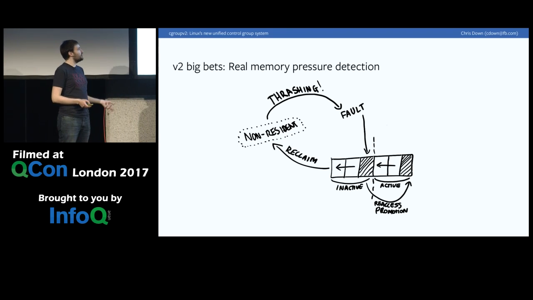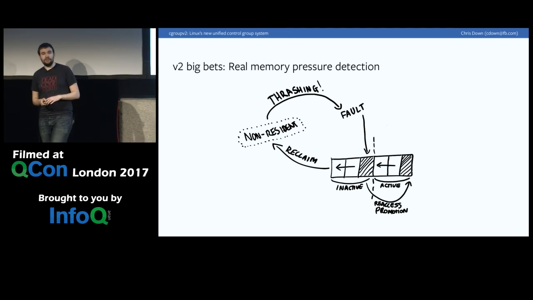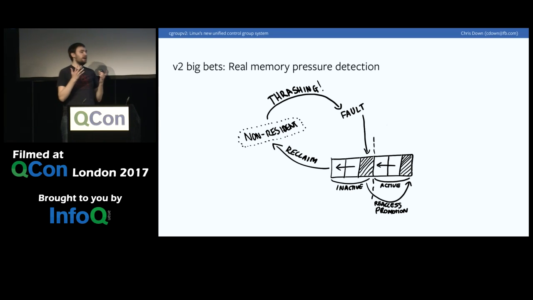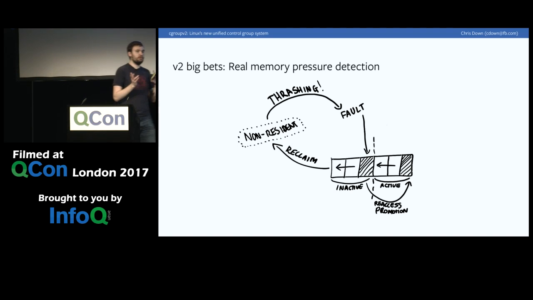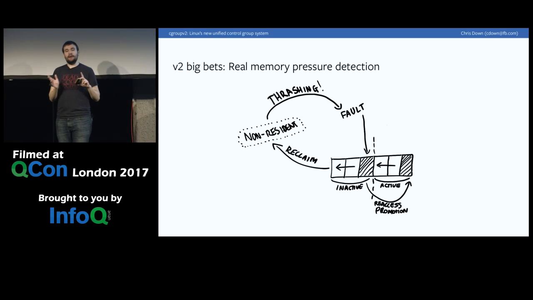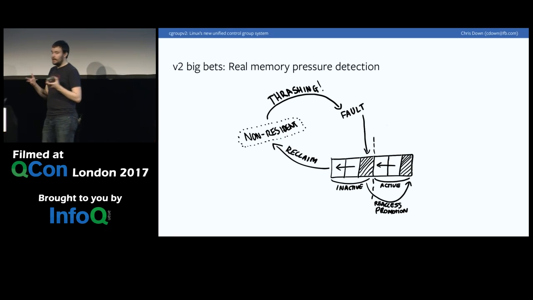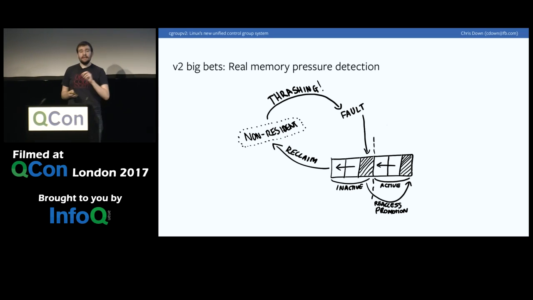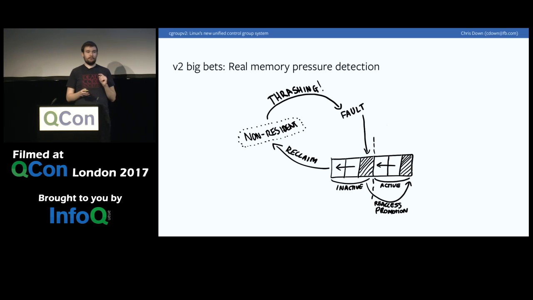When you fault in a page, it goes to the head of the inactive list. The inactive list is a list which the kernel considers to be pages which may not be in use by any application anymore. When you reaccess that page, we promote it to the head of the active list. The active list is pages which the kernel considers are probably in use by some particular process.